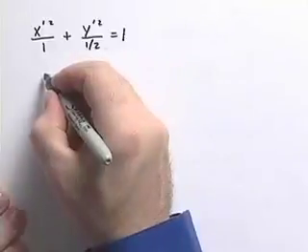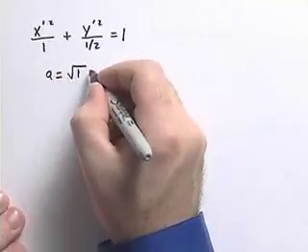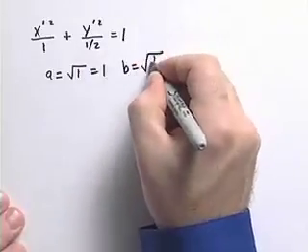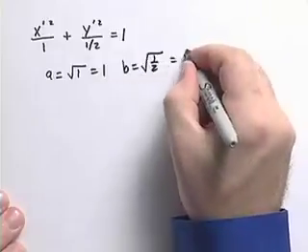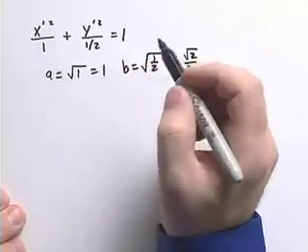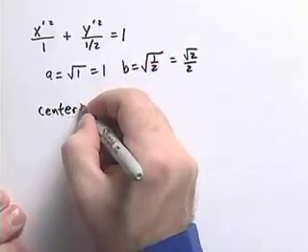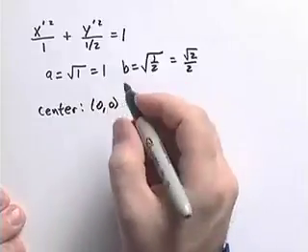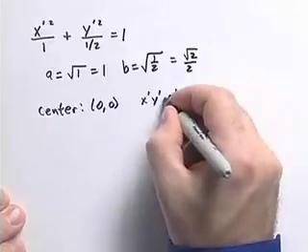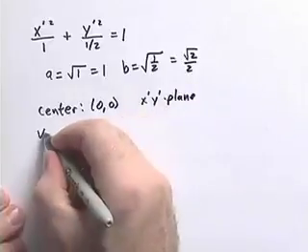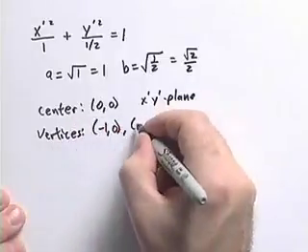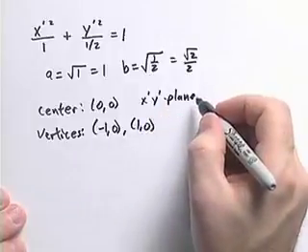In this form, we can see that a is equal to the square root of 1, which is 1. b is equal to the square root of 1/2, which is the square root of 2 over 2. This is the equation of an ellipse with the center at 0, 0 in the x prime, y prime plane. The vertices are going to be -1, 0 and 1, 0, again in the x prime, y prime plane.